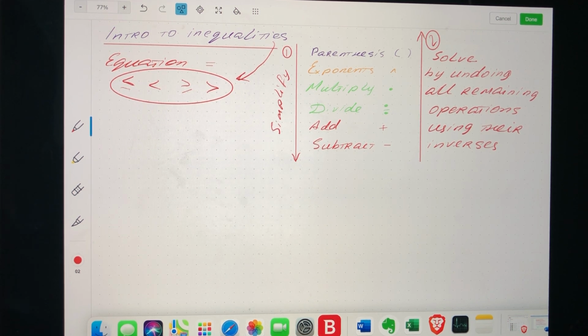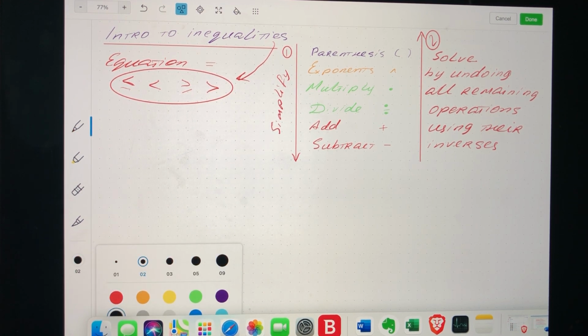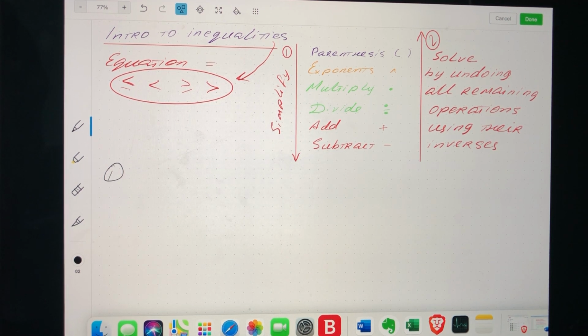And there are a few differences that exist when you solve an inequality versus the equation. First of all, when we solve the inequality, we follow the same two-step process that we have for solving equations.